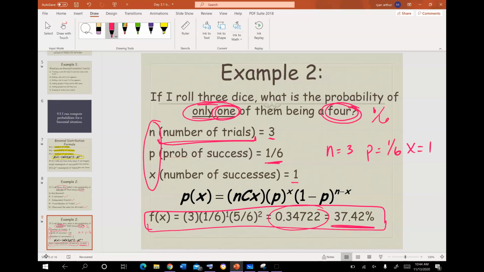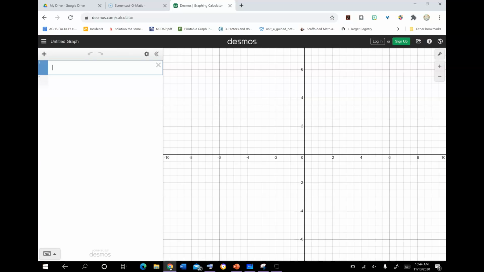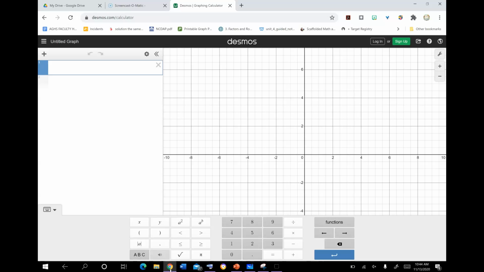Okay? So we're going to go to Desmos, and I'm going to show you how to calculate this in Desmos. All right, so let's go to Desmos. All right, so we're going to go down here to the keyboard. You need to go to functions.